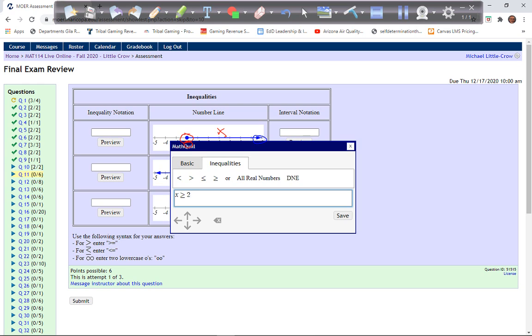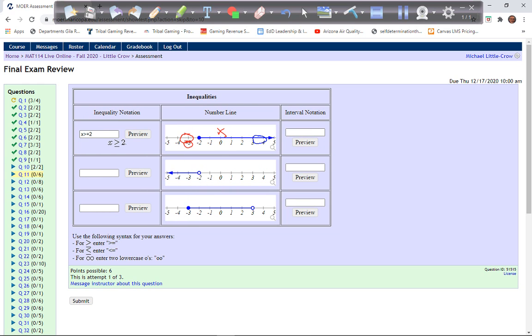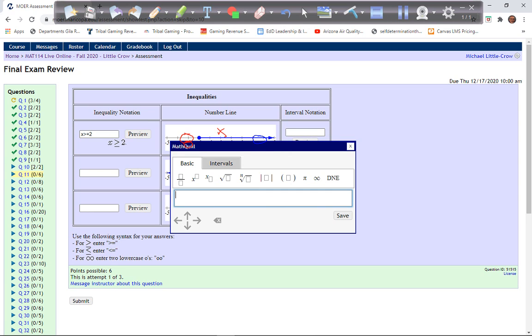That's what that's saying. Save. For interval notation, click here, get our intervals. The 2 is included. Now when we go off to infinity, we always have a parentheses on that side. So we're going from 2 all the way to positive infinity.